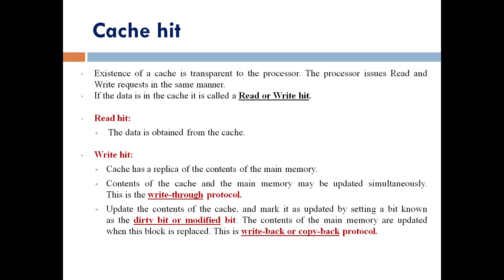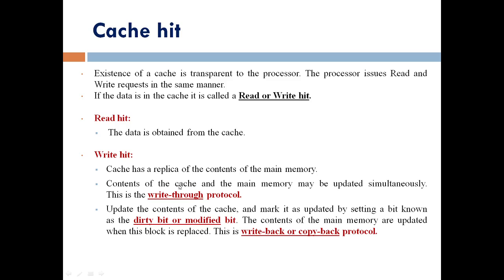Actually this copy back protocol is used to overcome one of the disadvantages of the write through protocol, because in the write through protocol, when the CPU updates the contents in the cache and main memory simultaneously, it will take much time.